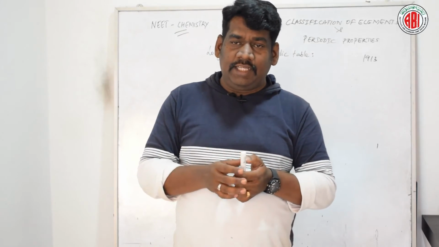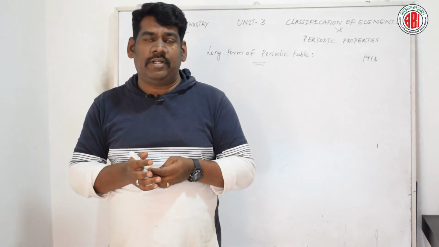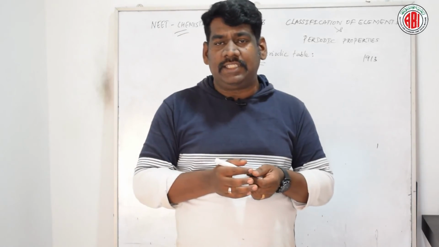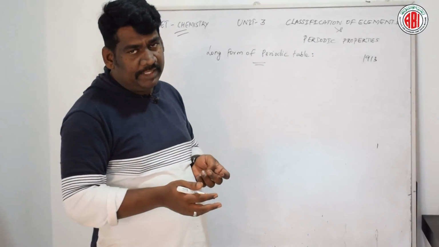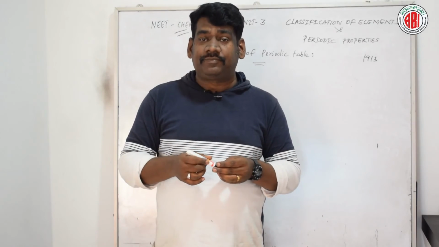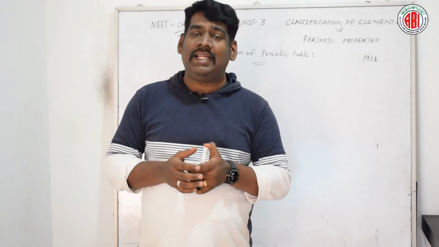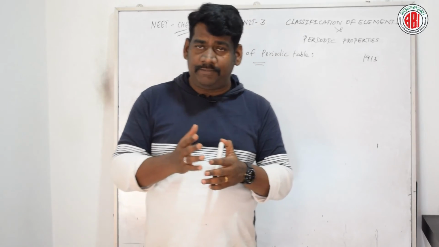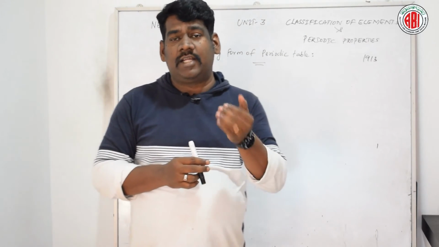So he gave a general equation: square root of ν is equal to a into (Z minus b). So according to him, the elements are to be arranged according to the atomic number, not according to the atomic mass.